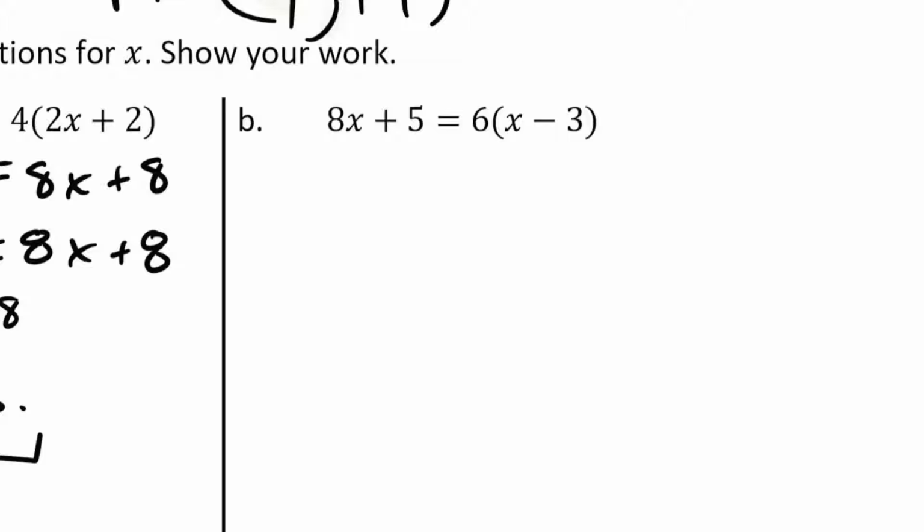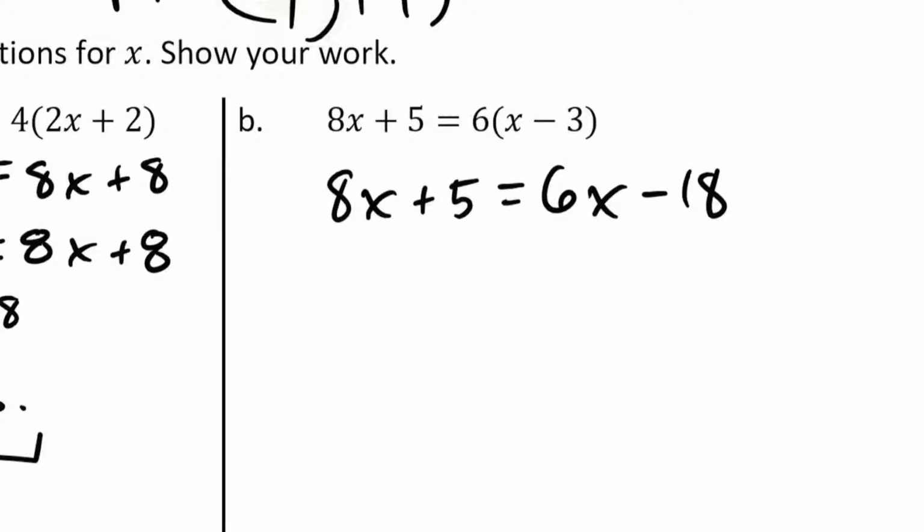If I look at B, I'm going to again use this thing I call the distributive property. I'll rewrite this as 8x plus 5 equals 6 times x minus 18. I think what I'll do next on each side of this is go ahead and subtract 6x. I like to write this down, though I very rarely write down what I'm doing.